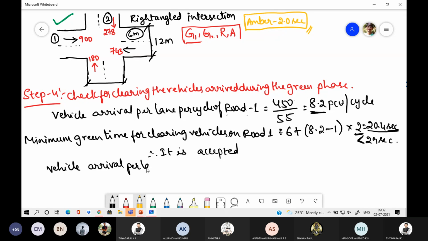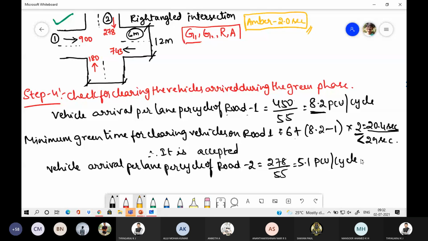Similarly, calculate the vehicle arrival for road 2. Arrival per lane per cycle of road 2. So 278 divided by 55. How much are we going to get? Check it. 5.1 PCU per cycle.